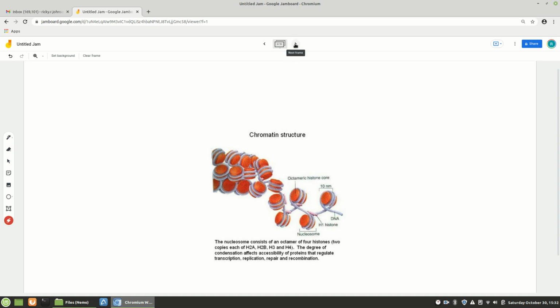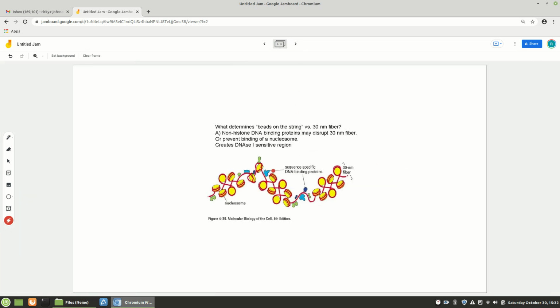So let's go on to the next slide here. This concept of histones is called the beads on a string. So beads on a string is the idea that you have these beads and there's string wrapped around them, and you can compact the DNA when you create nucleosomes.